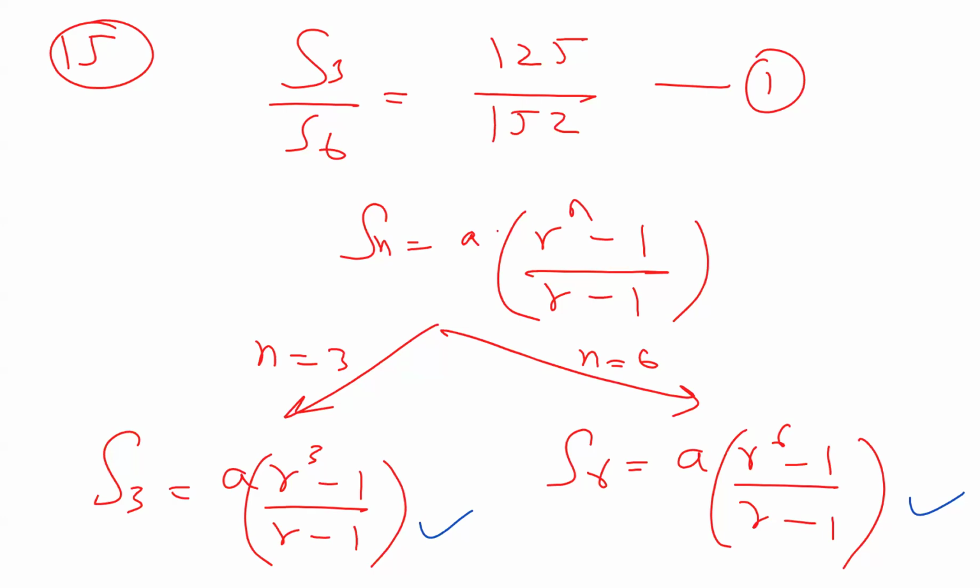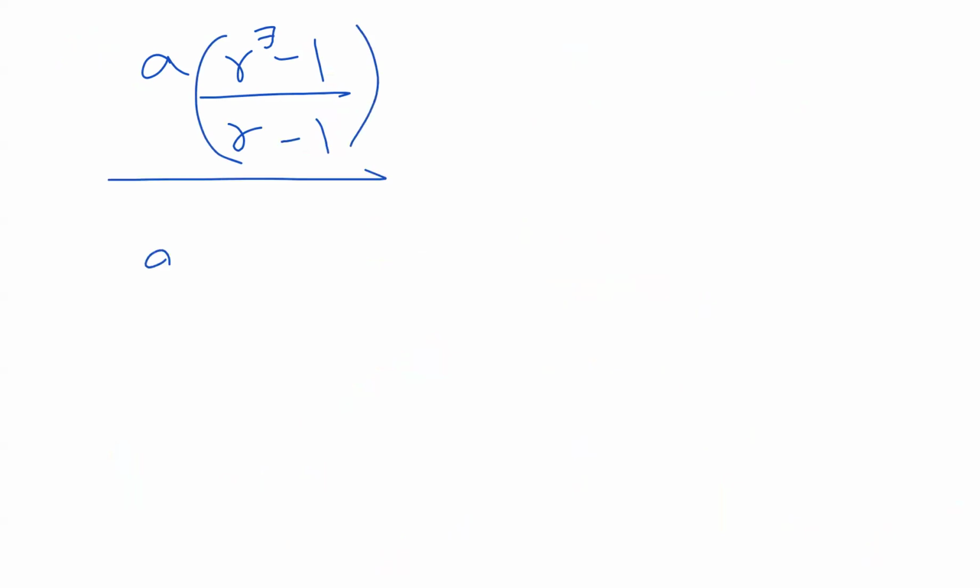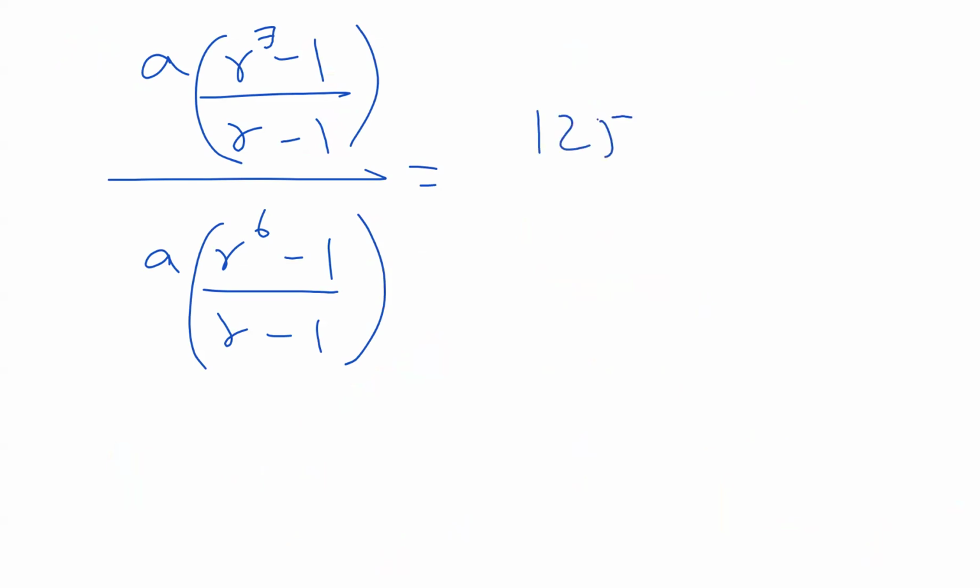S3 upon S6, I'll put the respective values. So A into R cube minus 1 upon R minus 1, upon A into R raised to 6 minus 1 upon R minus 1, is equal to 125 upon 152.